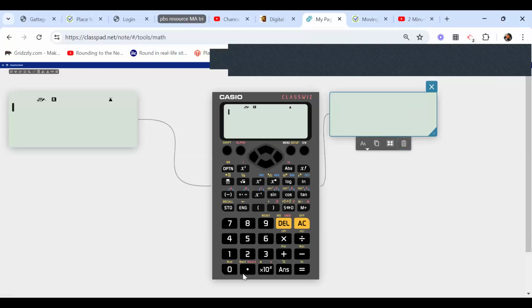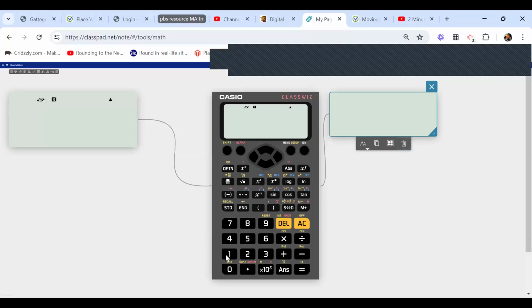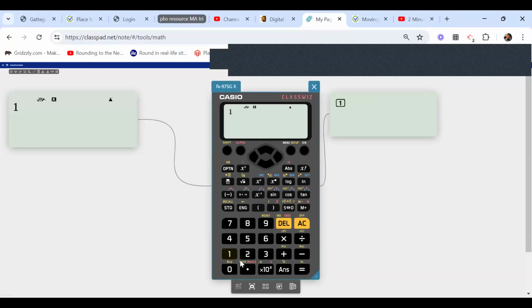Okay. So the last question was $18,000, oh sorry, $18,000, then multiply by 1.5%. Are you able to find how to press this?